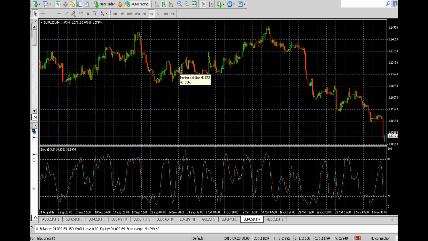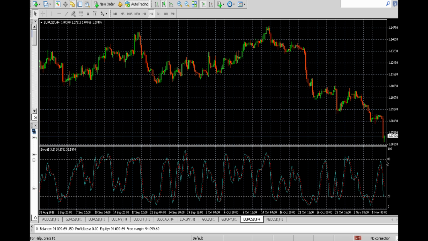So what you have here, as mentioned earlier, is the 80 line and the 20 line. Anything above the 80 line shows that the market is in an overbought condition. How we interpret this is, once it goes into the overbought condition, it is a sign that the market might slow down because the bulls are already overcommitted.